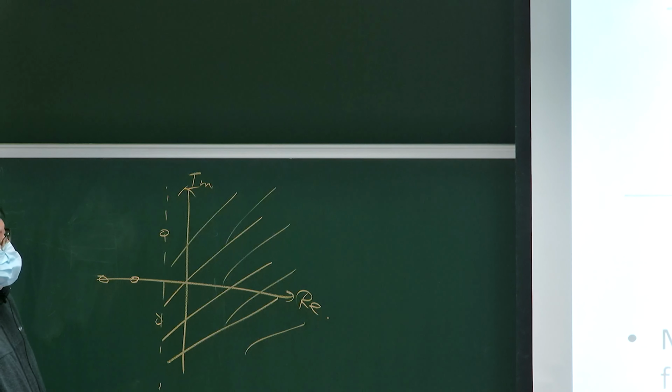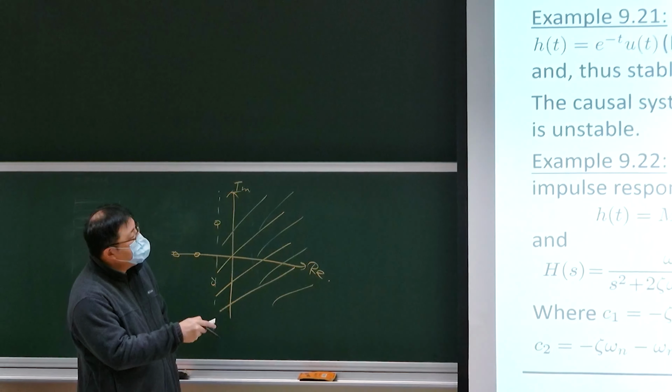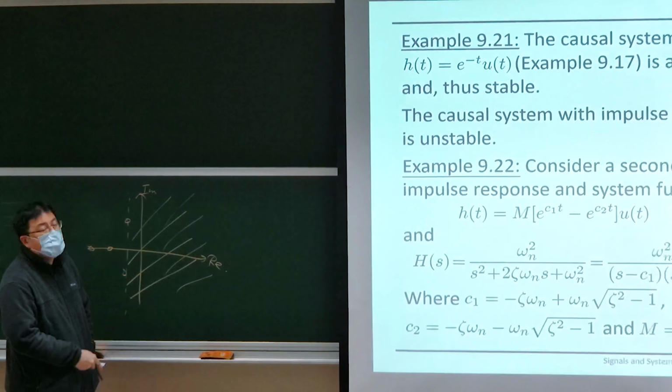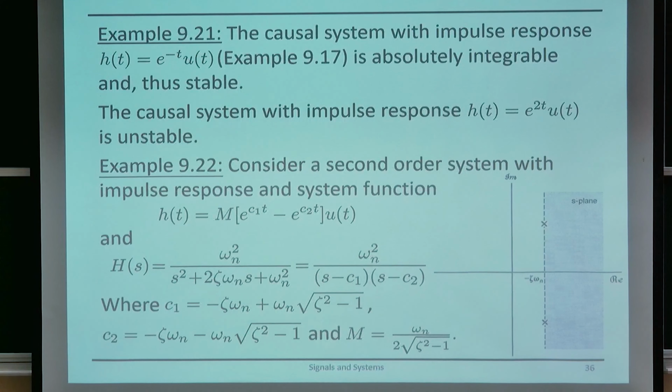All right, so we can look at a couple of examples. Here we have a causal system with impulse response given by this. This is a one-sided decaying exponential. It's absolutely integrable, and it has a Laplace transform that is rational. In this case the Laplace transform is 1 over s plus 1. And because it's causal, its region of convergence is greater than minus 1.